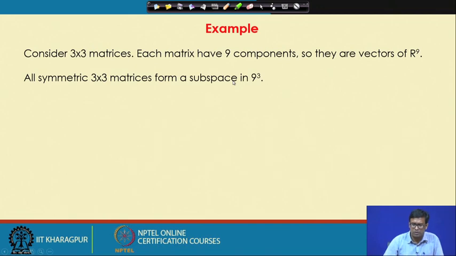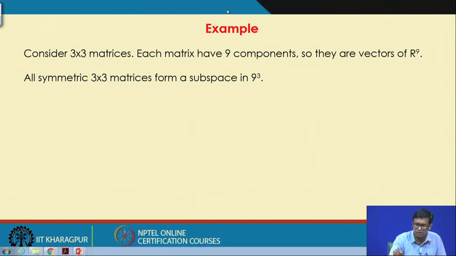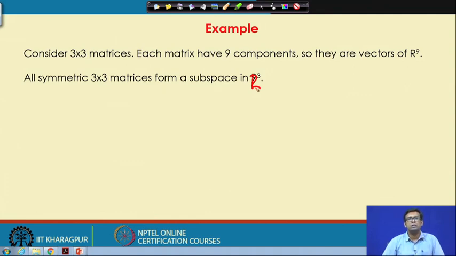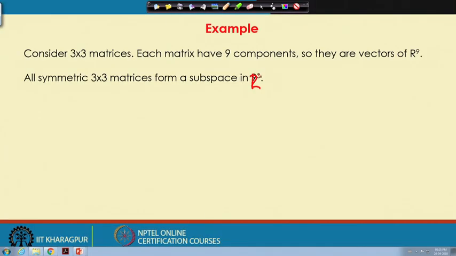So, this is R9. All symmetric 3 by 3 matrices form a subspace. Any 3 by 3 matrix is a member of R9, and the symmetric ones form a subspace of R9.